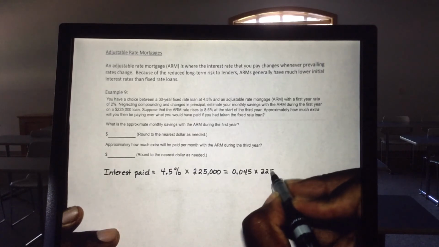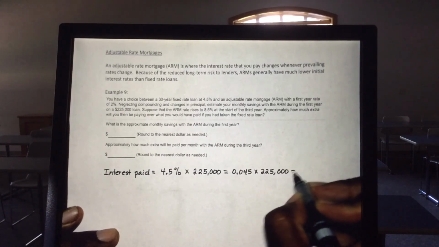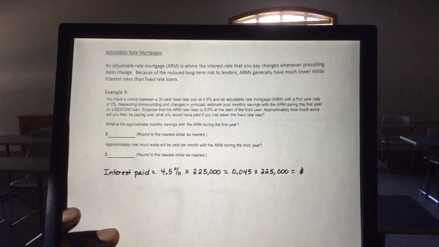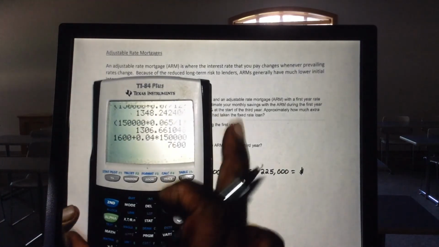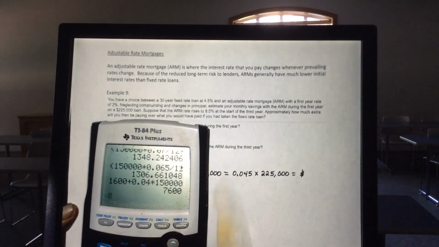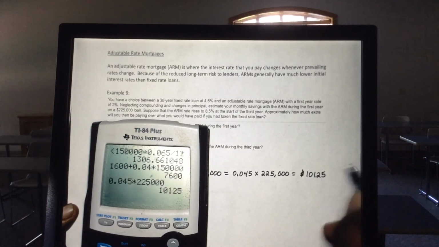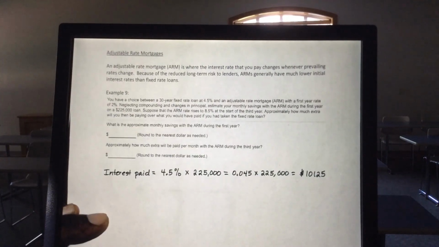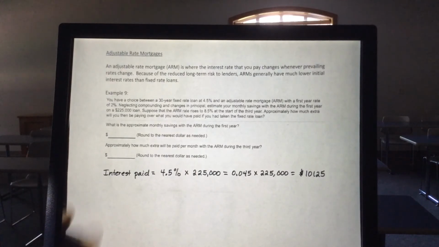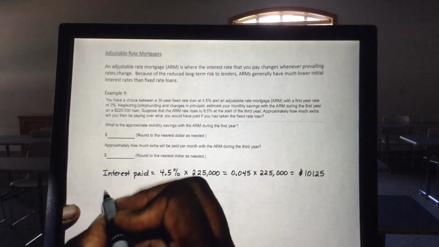Multiply that by 225,000, and that will give us the interest paid. 0.045 times 225,000 gives us $10,125. Okay. That would be the interest that we pay on that loan.